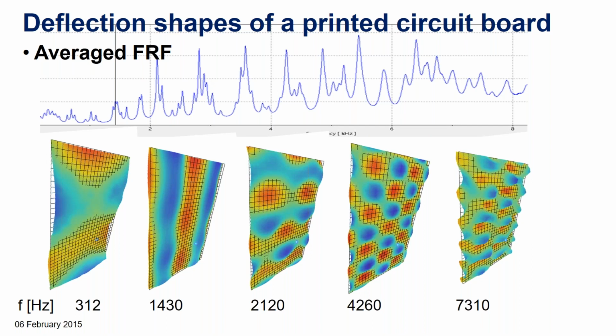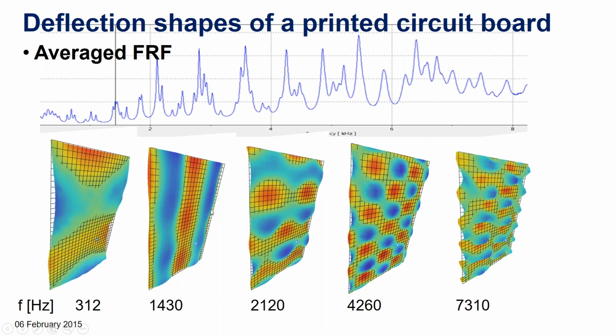And you can see several of those deflection shapes. I won't call them mode shapes because that's one of the next steps, but these approximate mode shapes. Our deflection shapes, which would be the response per how we were exciting the device, you can see those. So at 312 hertz, you can see this would be one of the bending modes of the structure.